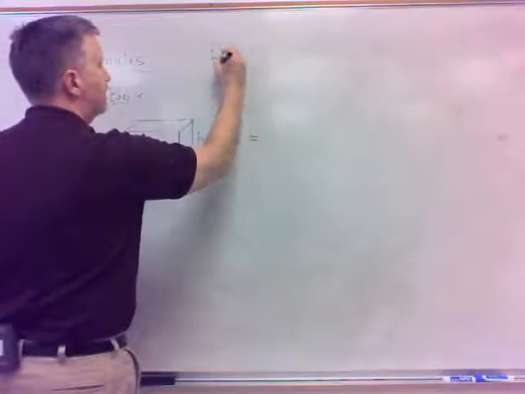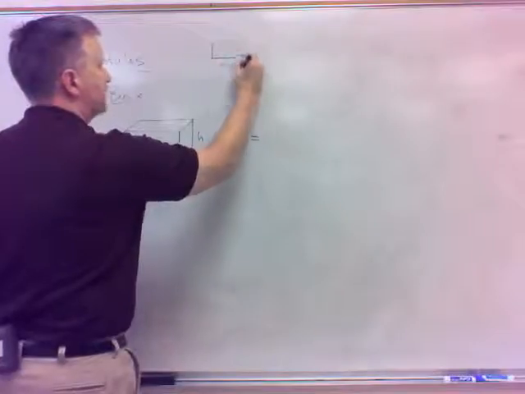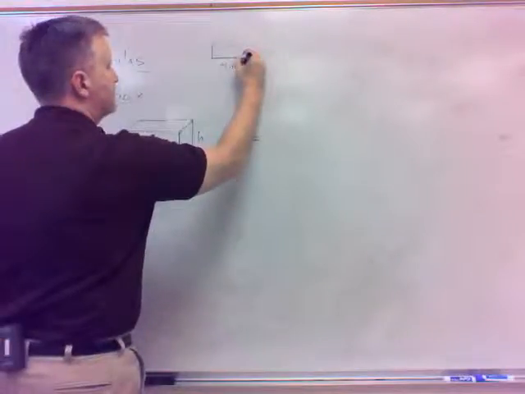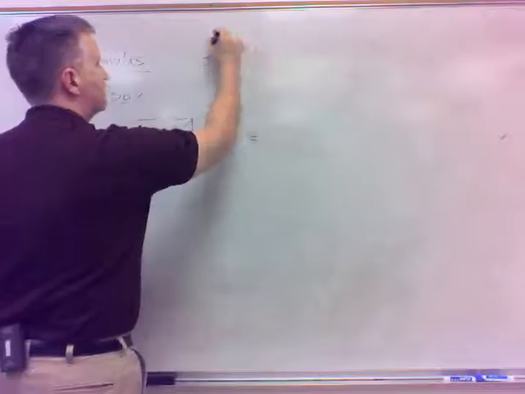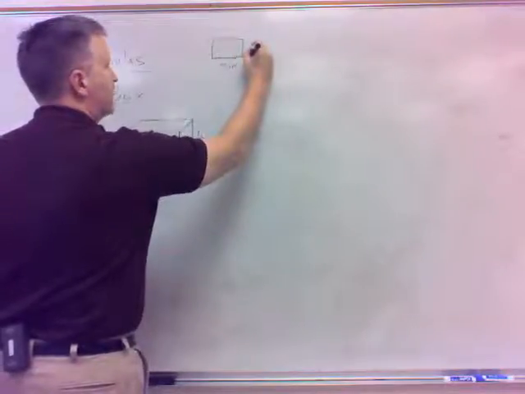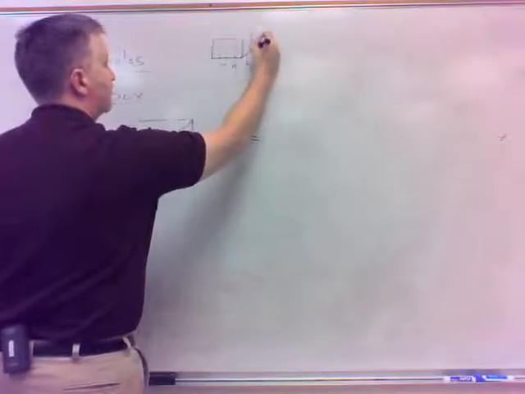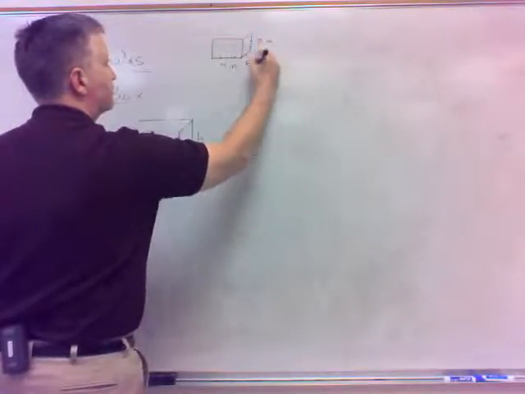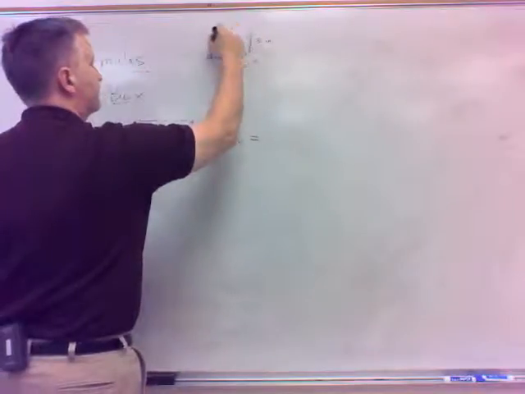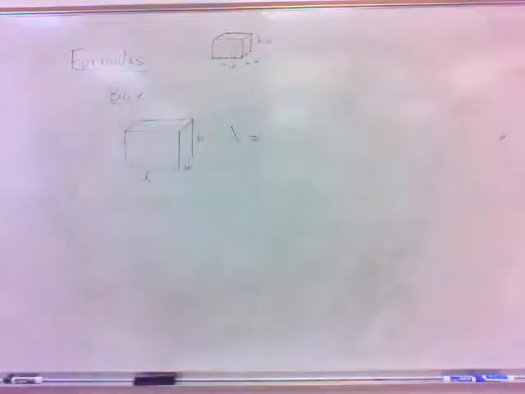Let's say we've got a box 4 inches long, 2 inches wide, and 3 inches high. Okay? All right, so there it is: 4 length, 2 width, and 3 is the height.